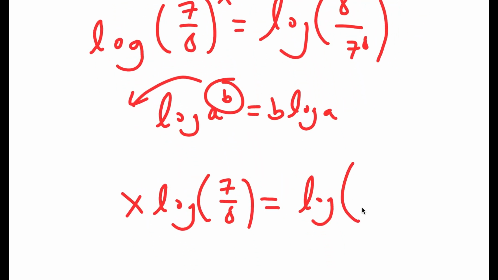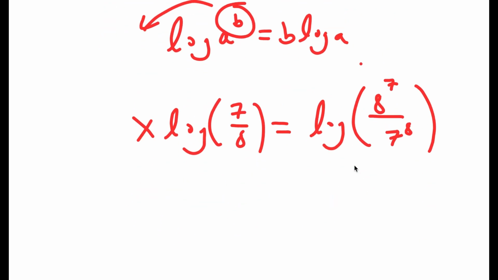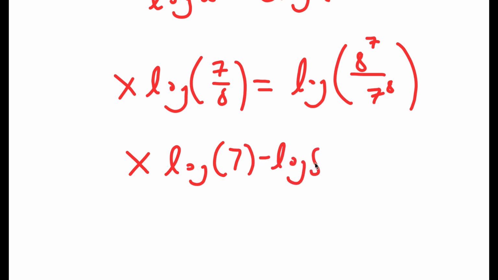log of 8 to the power of 7 over 7 to the power of 8. Now, log 7 over 8, that's the same thing as log of 7 minus log 8.